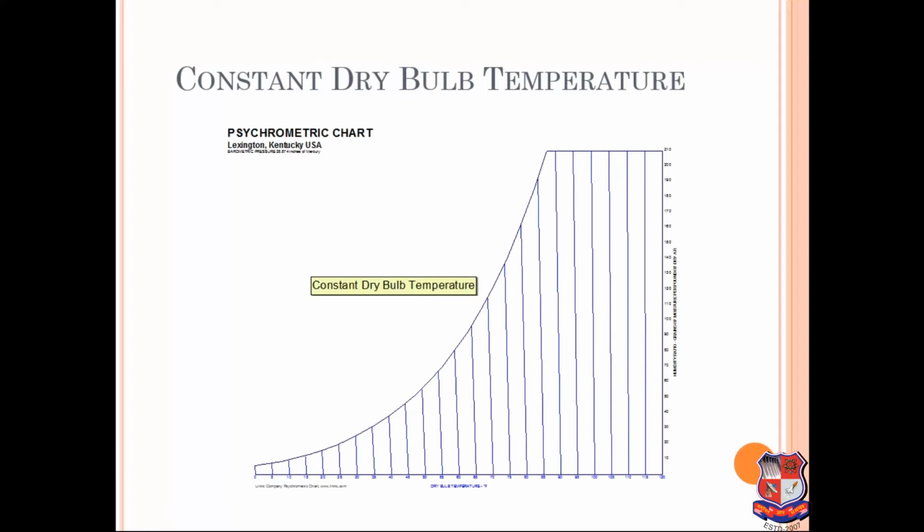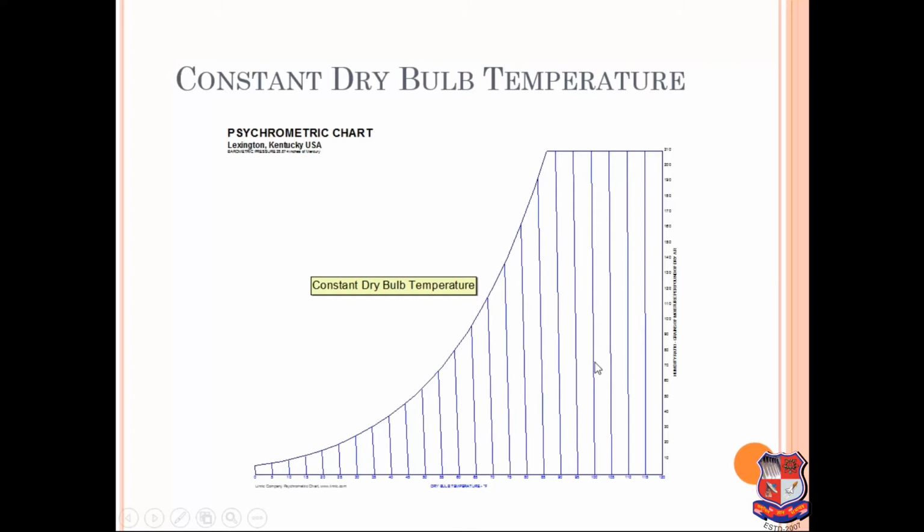Next is constant dry bulb temperature. Lines of constant dry bulb temperature run vertically up the psychrometric chart. The dry bulb temperature is what is measured by a normal air thermometer. You can see the different vertical lines are constant dry bulb temperature lines.